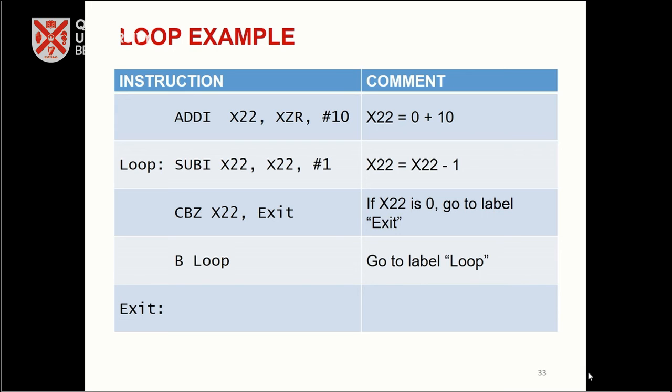So I don't take the branch because this is not true. I go to the following instruction, which is go to loop. And then I do this again and again. And after 10 iterations, this condition will be true. And instead of doing the following instruction, I will go to this label, which is exit, and which actually finishes my program. So basically, I'm doing a loop 10 times, and in iteration 10, I just jump over this instruction, and then I finish.